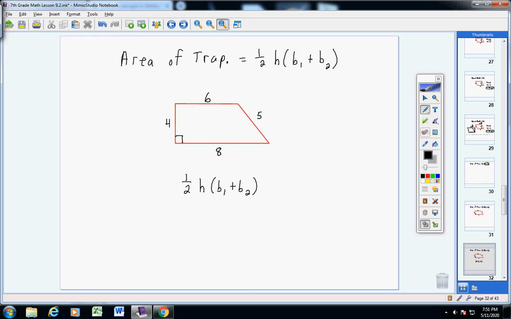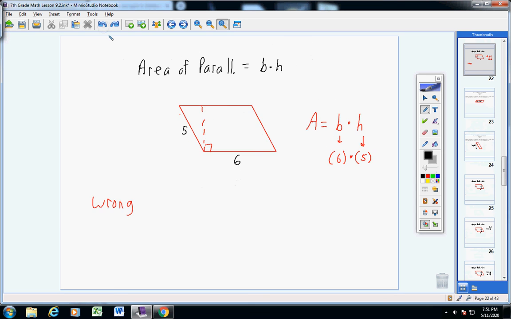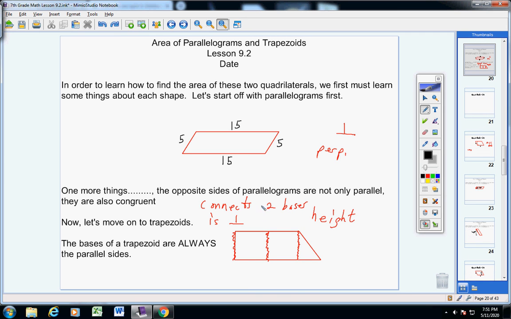Now, first of all, I think the first thing we should do is start with the bases. Do you remember what I taught you earlier? I had you write this sentence in your notes. The bases of a trapezoid are always the parallel sides, and you're always going to have how many bases in a trapezoid? 2 bases.